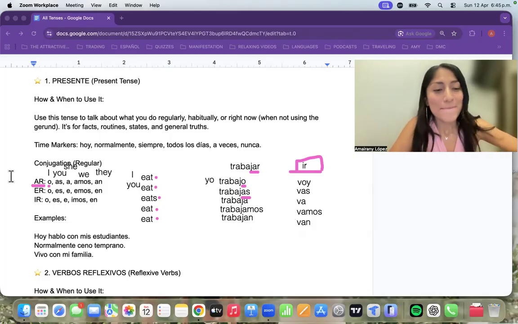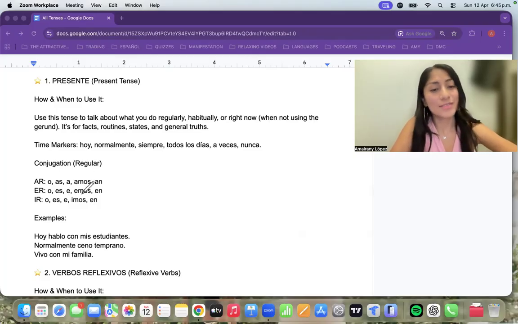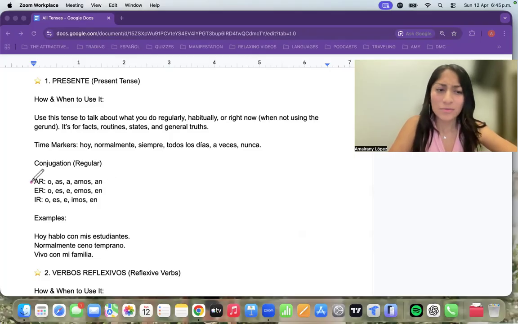Okay, so let's then begin. The conjugation for regular verbs, as I said, would be an O if I'm talking about myself, as, es, a, amos, emos, imos, and an, en. Now, we have three different options.